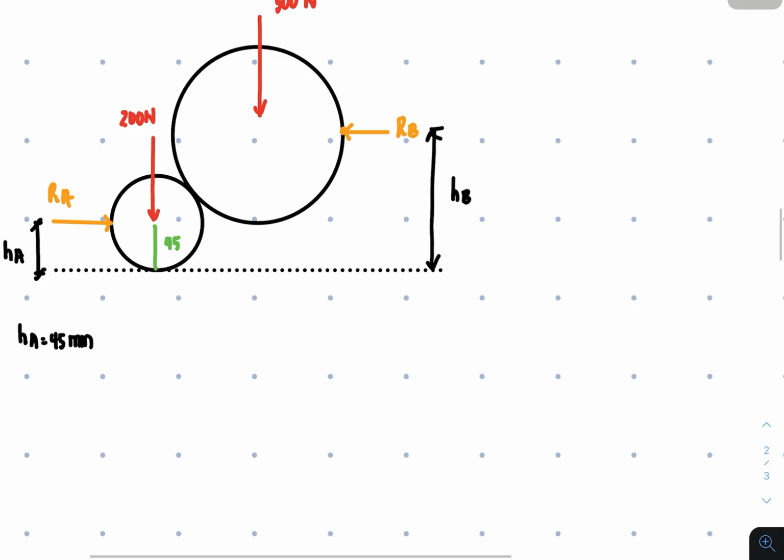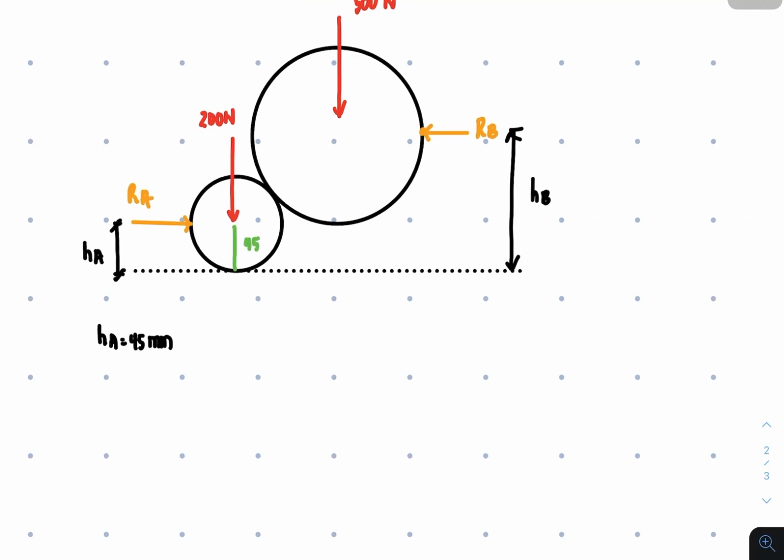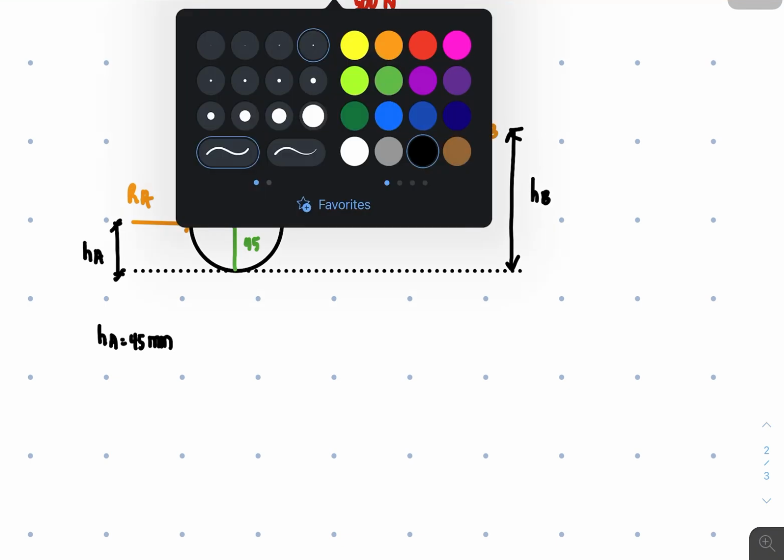How about HB? For HB, we are going to connect points.